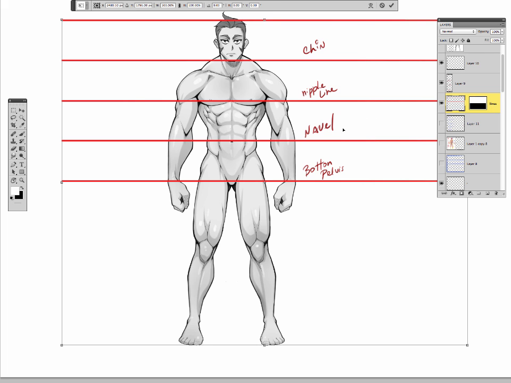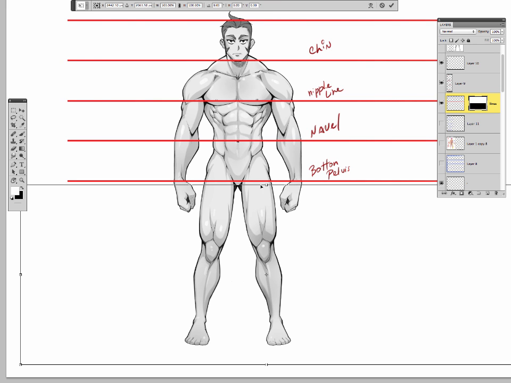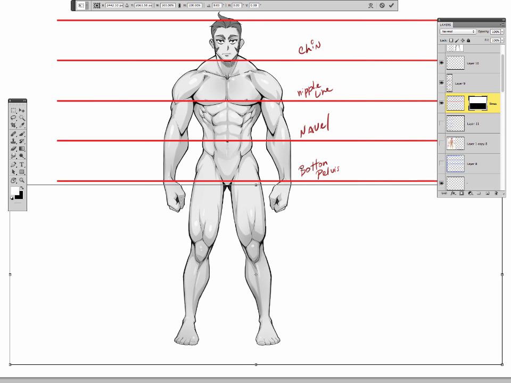This is where the measurement gets a little bit tricky, but if you keep the overall 8 heads, it will work. So notice that at the bottom of the pelvis, that's where the wrist of the hands will be placed. The wrist just goes there, at the bottom of the pelvis.